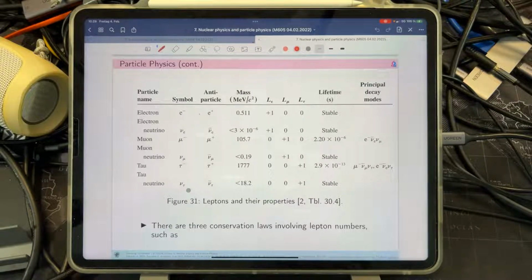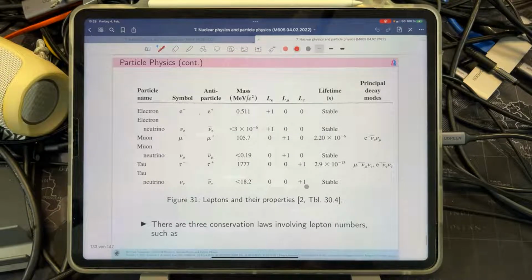The tau neutrino would have tau lepton number +1, and the tau antineutrino would have tau lepton number -1. Please note that all the neutrinos are stable, also the electron. The bigger electron-like particles, muon and tau, are unstable.